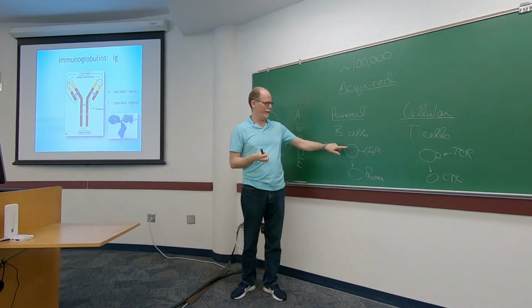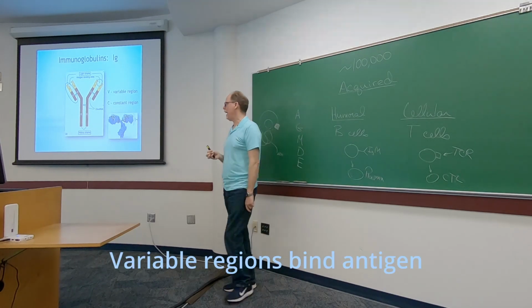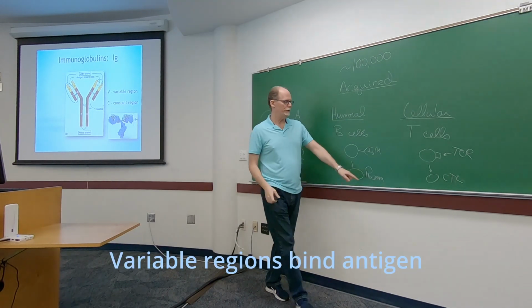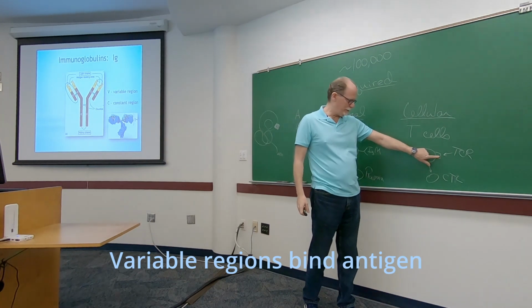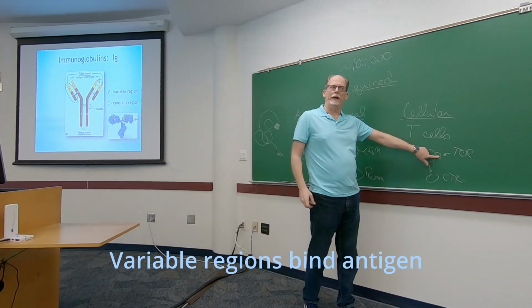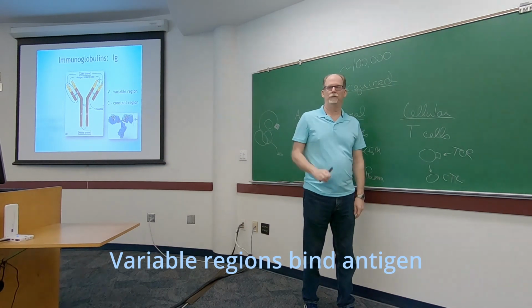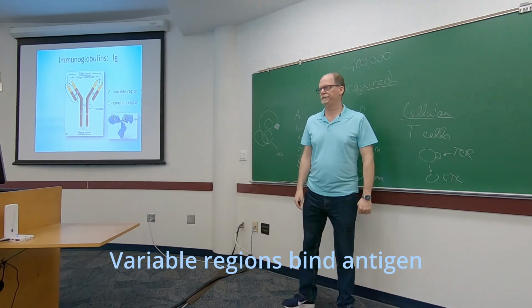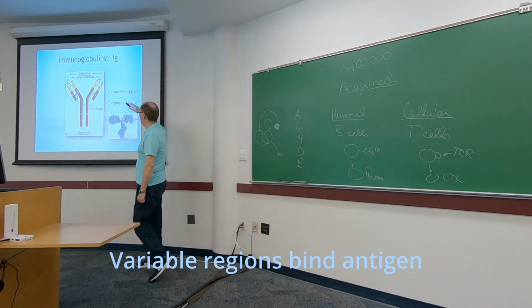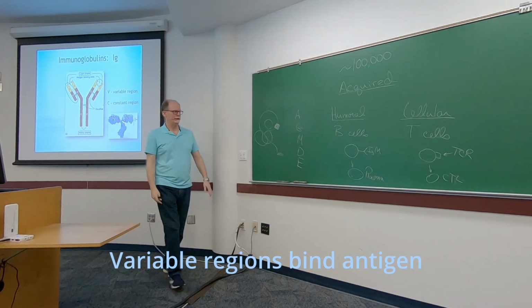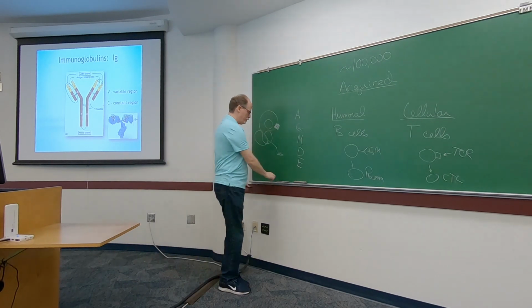That's how they vary. Even the TCR, when we get to that receptor, varies so that it can bind to 100,000 different antigens. So the constant region stays the same for each one of these.